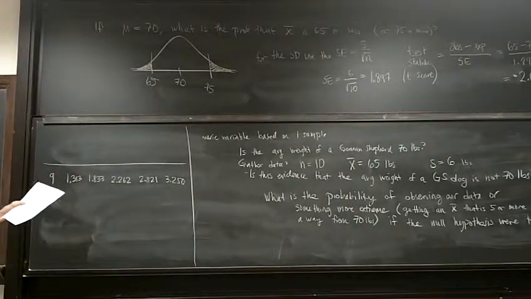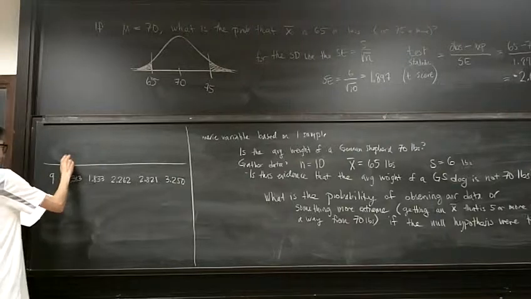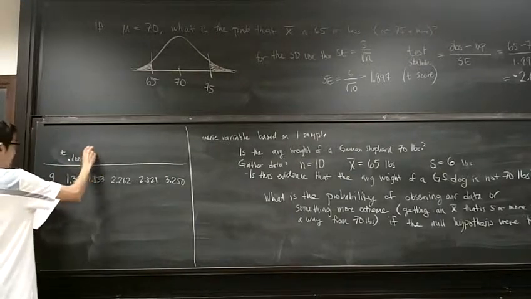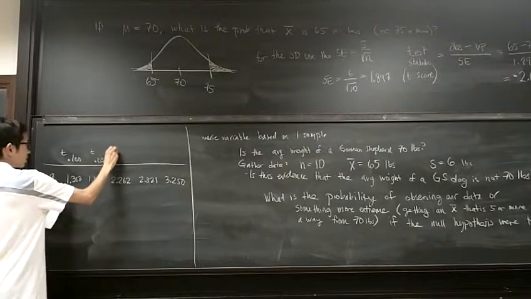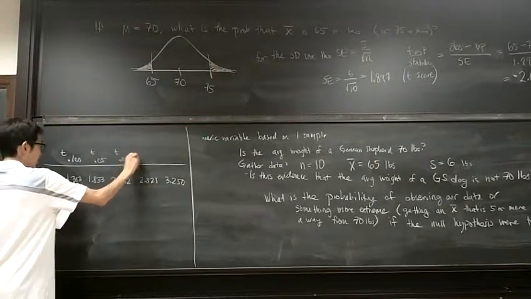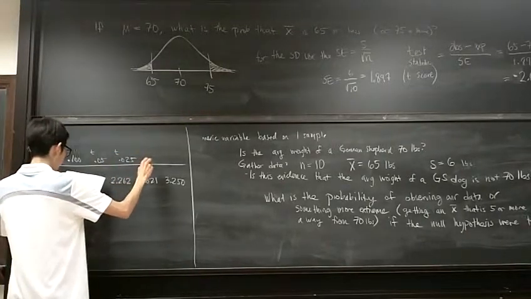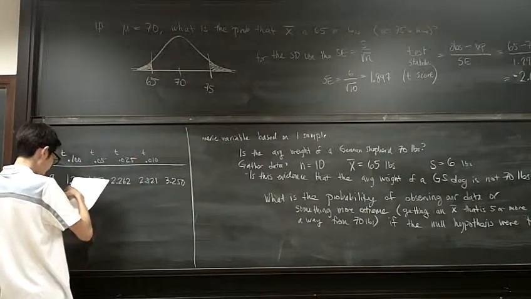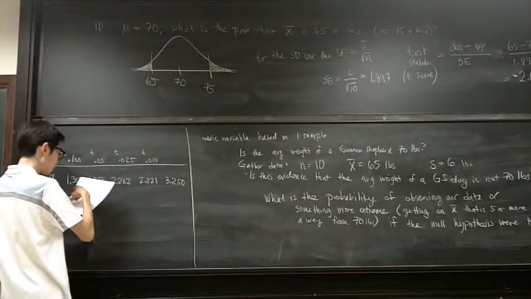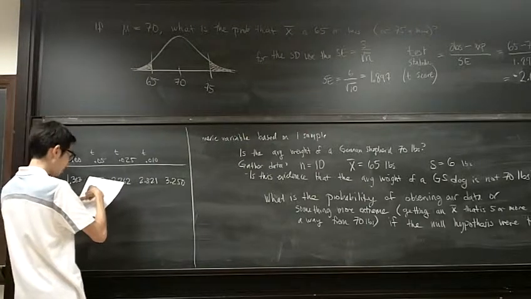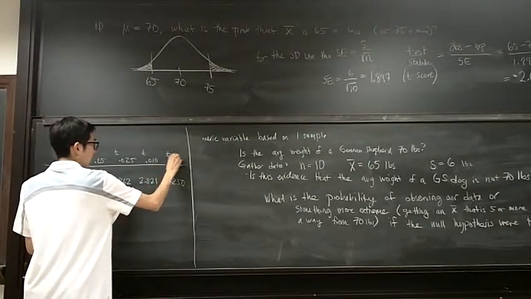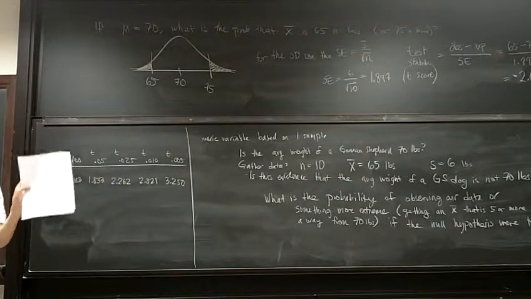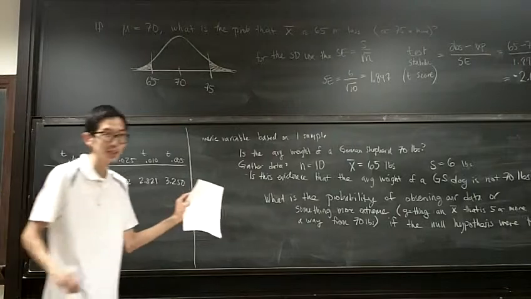And this corresponds to T.1, T.05, T.025, T.01, and T.005. Did I do an okay job of copying the table onto the board? Yeah. Okay.